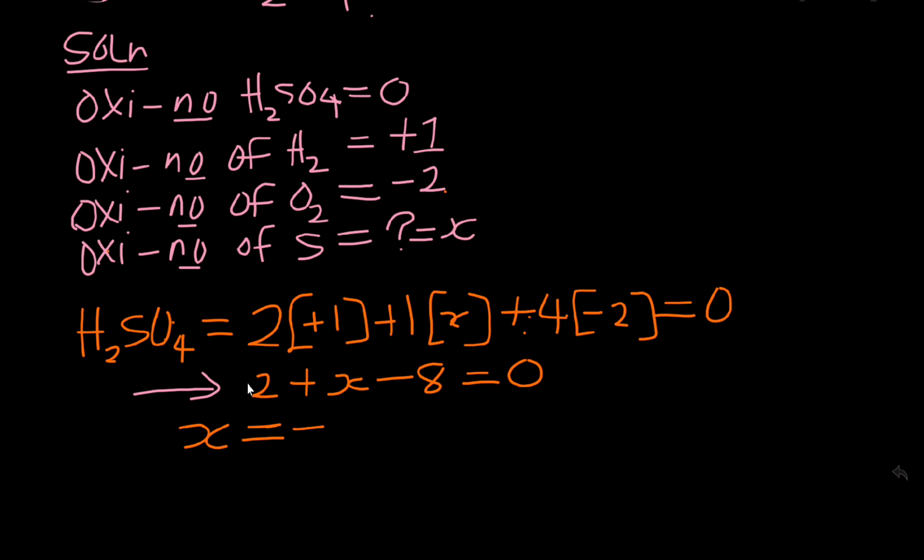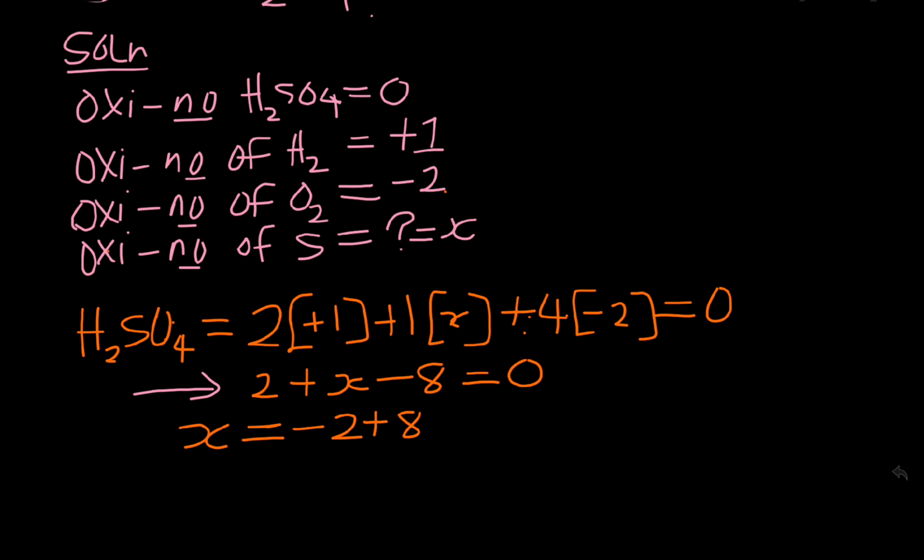So if I carry this 2 to the other side of the equal to, it will change to minus 2. Then when I carry the minus 8, it's going to change to plus 8. So that's how I'm going to write them. So minus 2 plus 8.